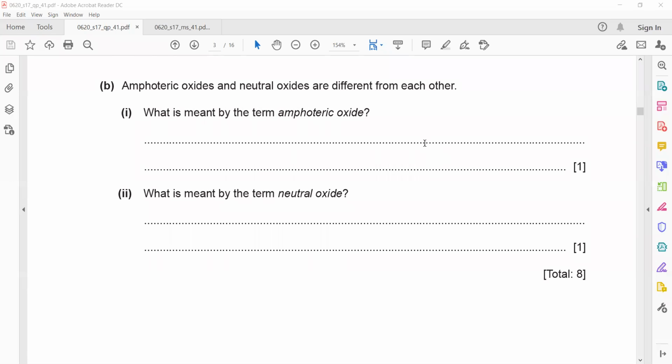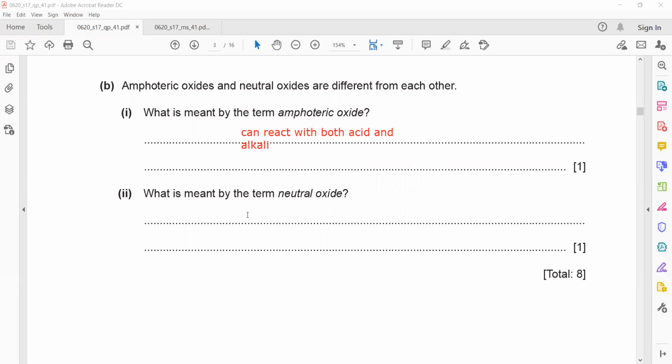Amphoteric oxides and neutral oxides are different from each other. What is meant by the term amphoteric oxide? It can react with both acid and alkali.